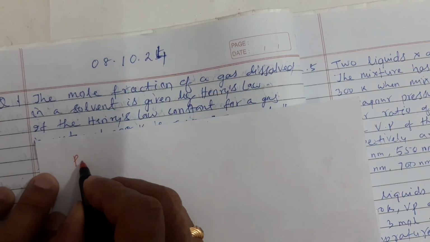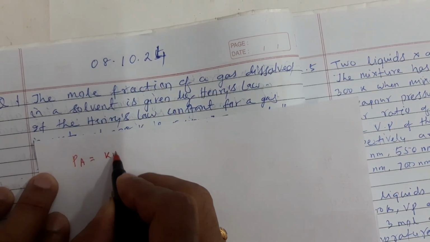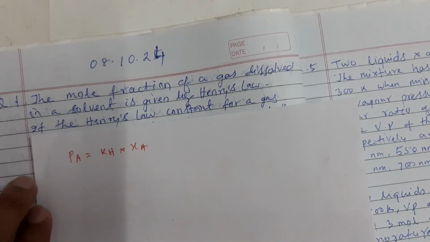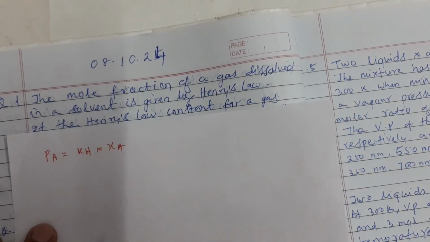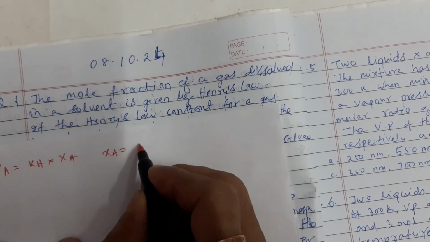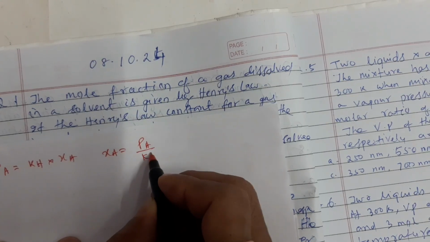You see, PA, the partial pressure of A, is equal to Henry's constant multiplied by XA. XA is the mole fraction of A. So XA is equal to PA by Henry's constant.